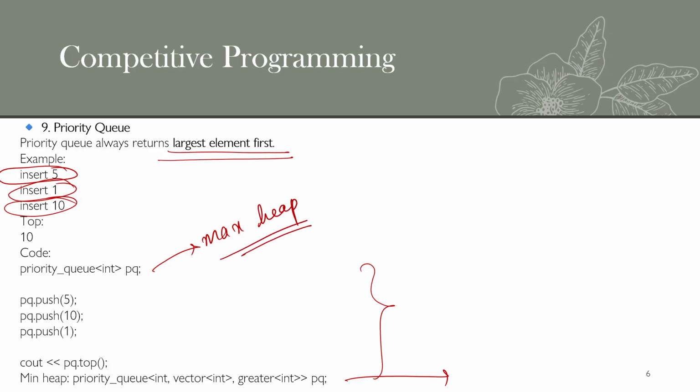When you normally use priority queue, it's generally referring to a max heap. When you use a min heap, usage of vector<int> and greater<int> is necessary. This is very important. In the question, it may or may not be specifically written which heap you have to use. But based on the question, you have to identify.